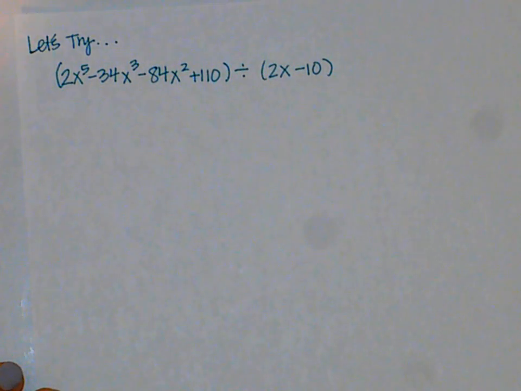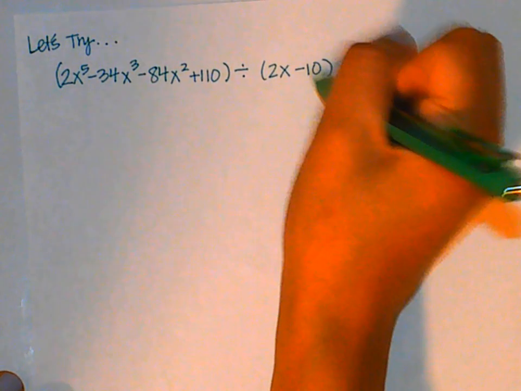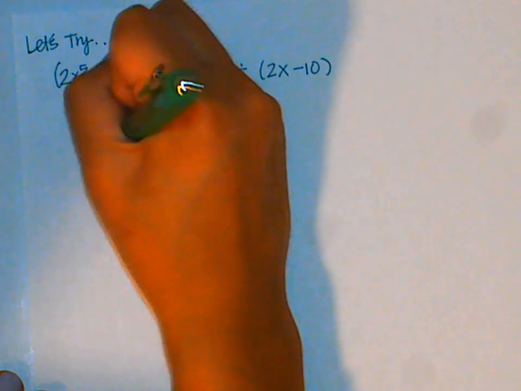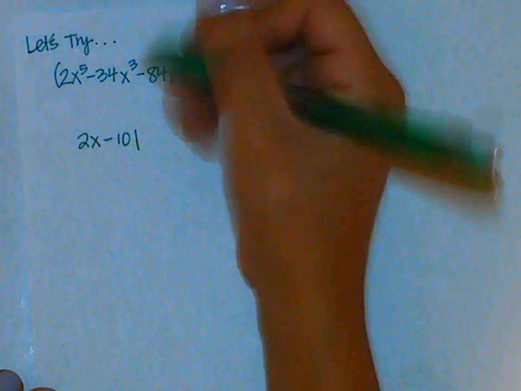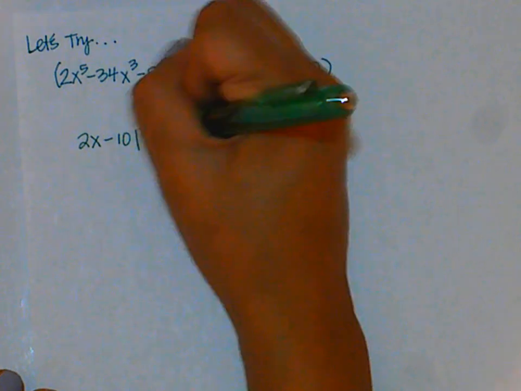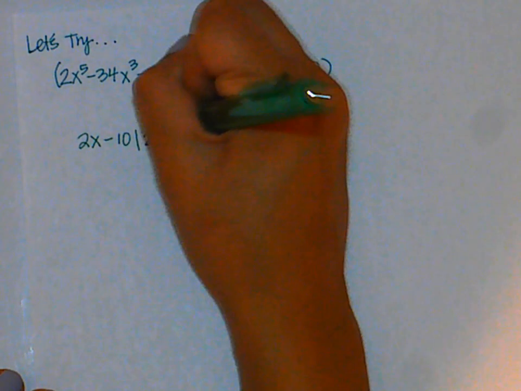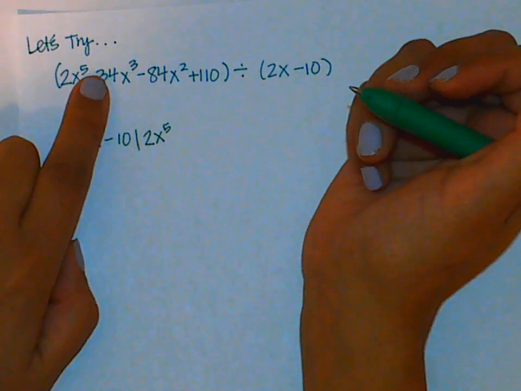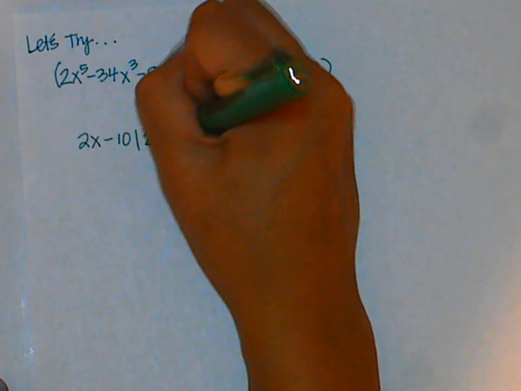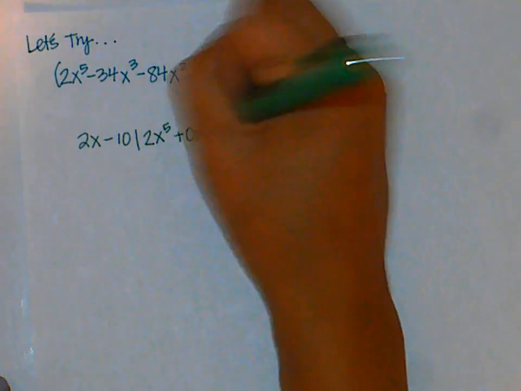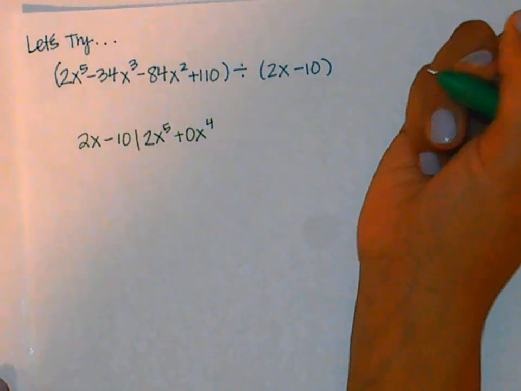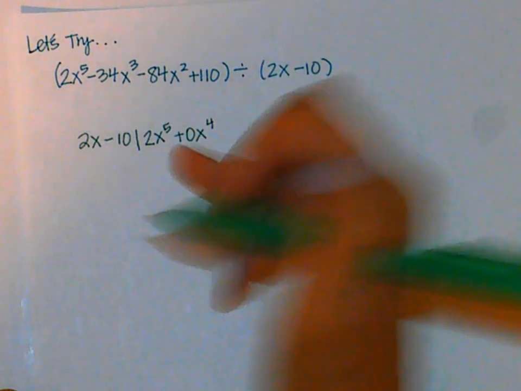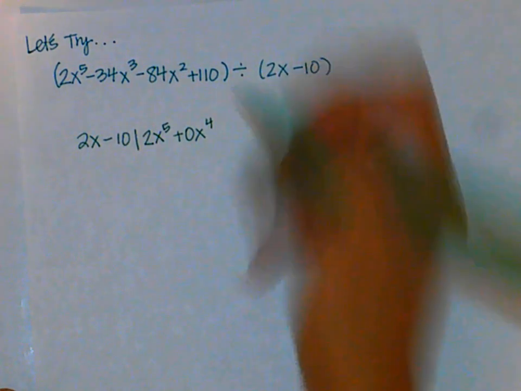Now, that might be a little bit weird to think about for a second, but I'm going to do 2x minus 10, and this is where my little house is going to go, 2x to the power of 5. That's going to be my biggest one. I am missing my 4, so I'm going to fill that spot with a 0. Anything times 0 is 0, so it won't affect my equation, but I do need that placeholder.